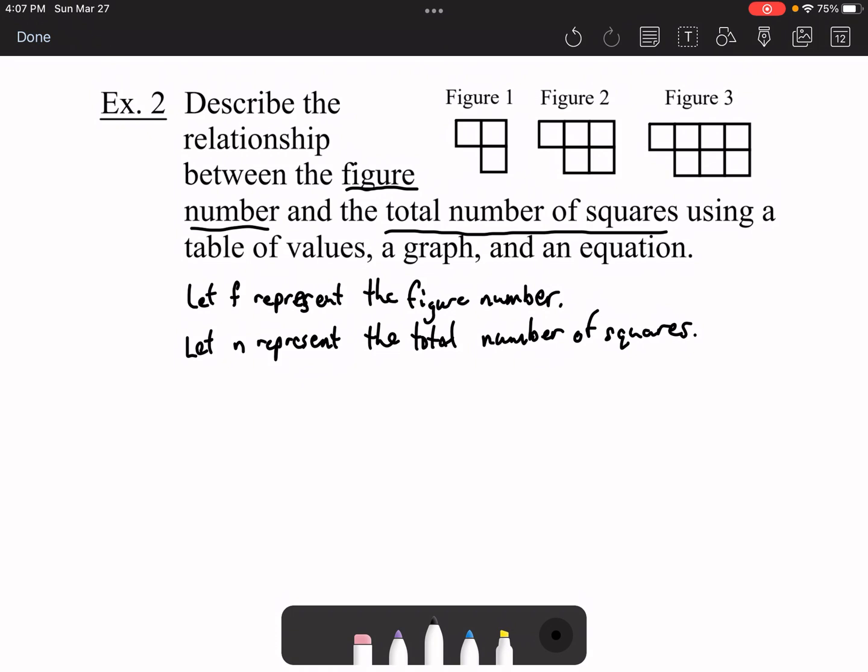So it already tells you which variables to use. Now you decide which one is your independent and which one is your dependent.